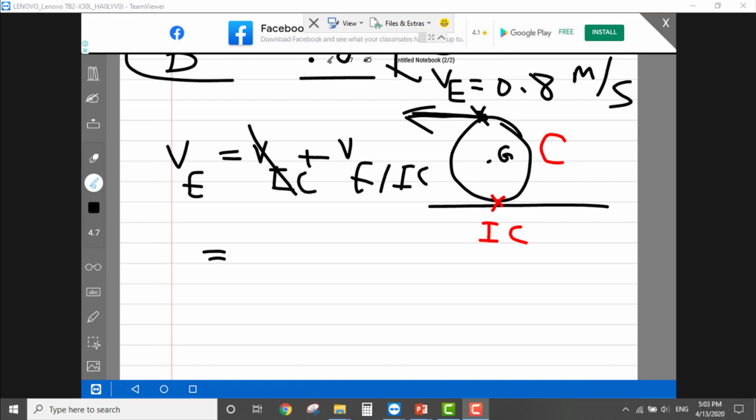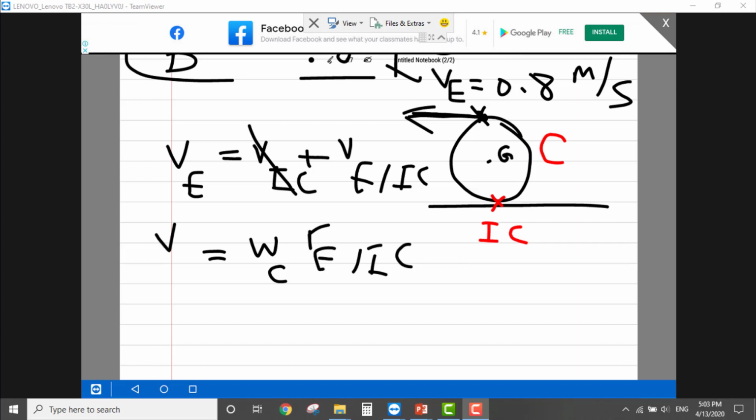Equal omega for the disk, omega C, multiplied by the relative position vector, which is RE with respect to IC. Okay, and here is V. So from this equation, we can find omega C, which is VE, 0.8, divided by this dimension, which equals the diameter of the cylinder.